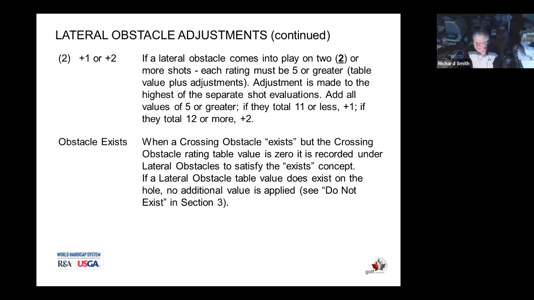So under 2 conditions: there's a crossing that's not long enough to generate a table value there, and there are no lateral obstacles that have already generated a table value there. Then we would put this in under the lateral area just as a bare existence.